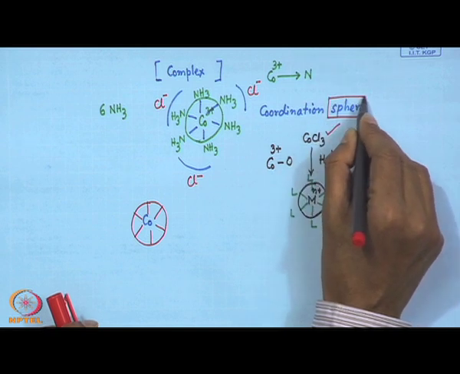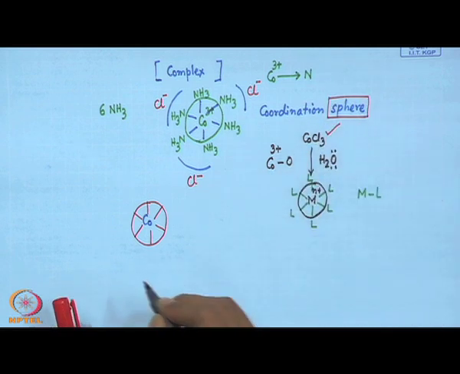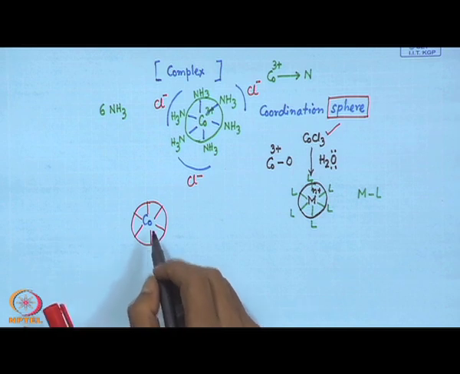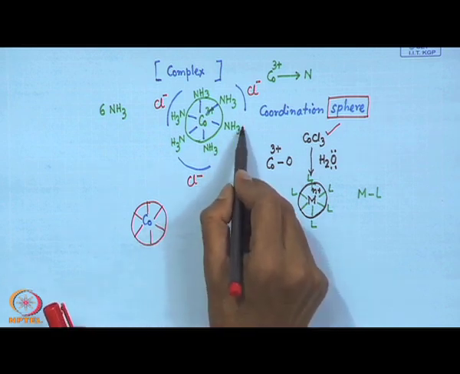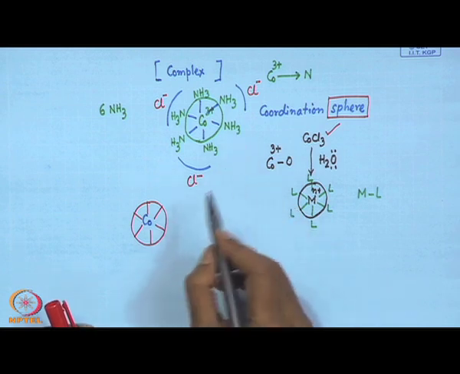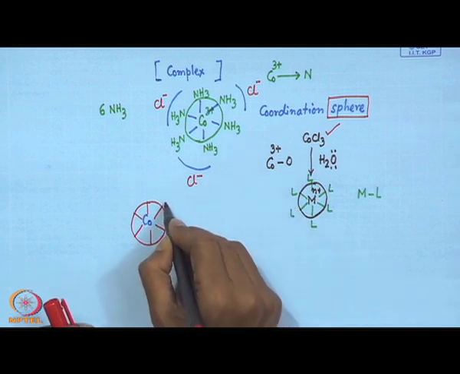So, we should have a spherical 3-dimensional arrangement of these, that means these ammonia groups as ligands.